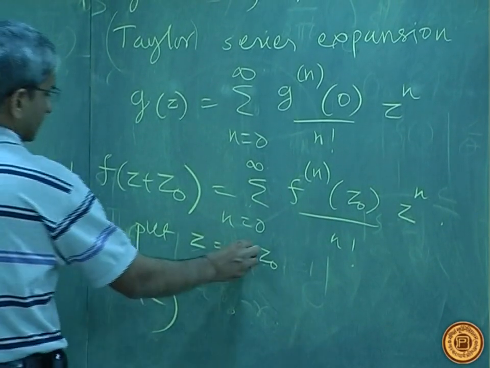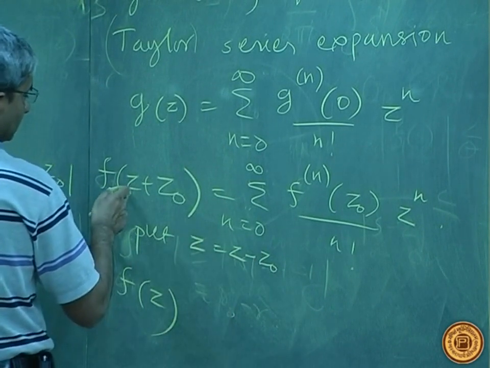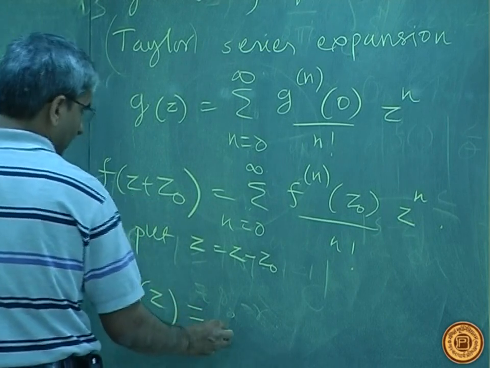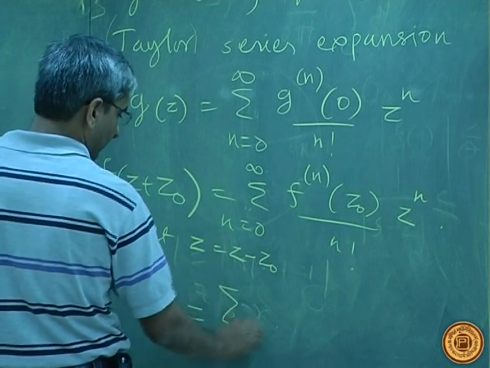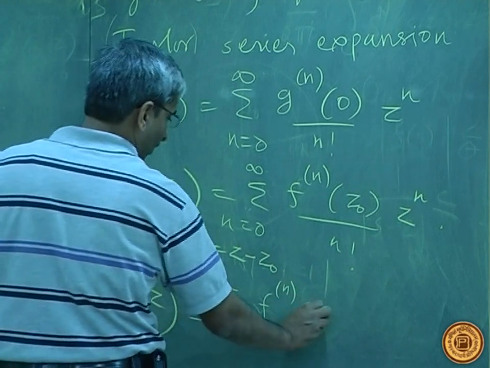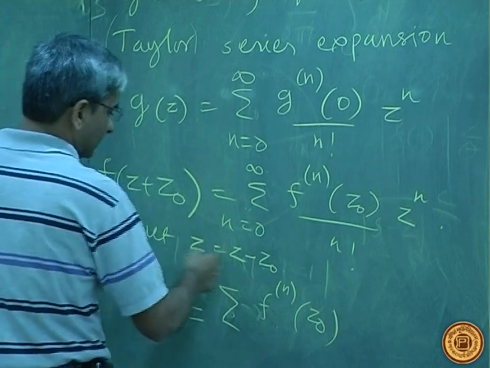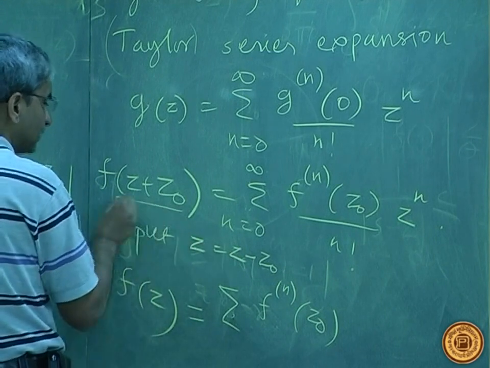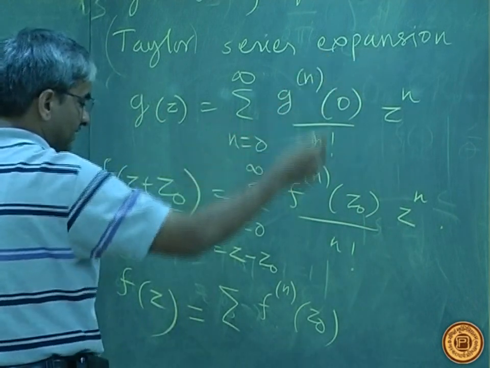Z plus z naught, z minus z naught plus z naught, so you will get z, and then z is replaced by z minus z naught, so you will get the nth derivative at z naught. This is slightly notationally not correct, but what I mean is that you put z here, but then you have to replace this by z minus z naught, nothing else.